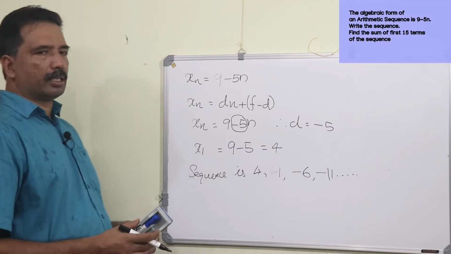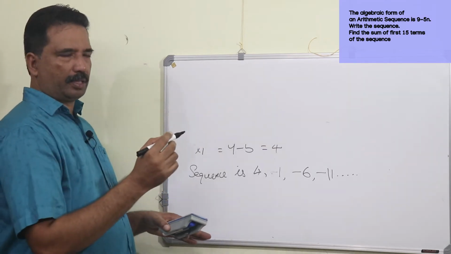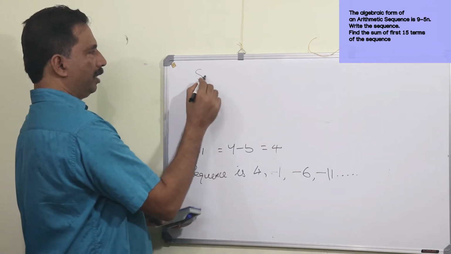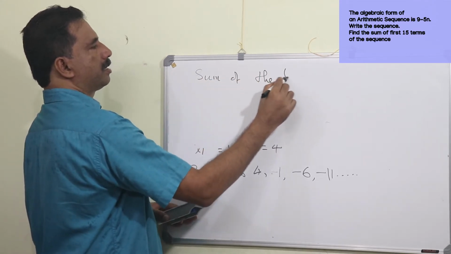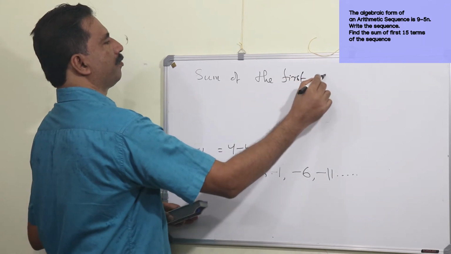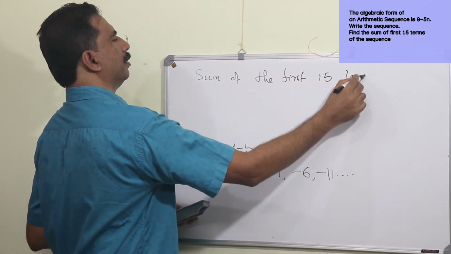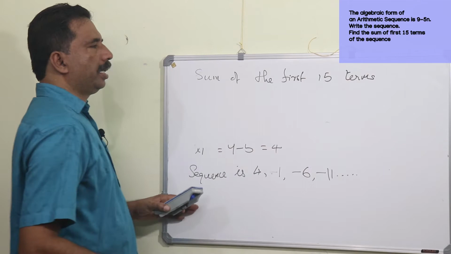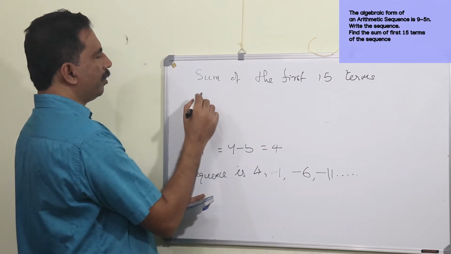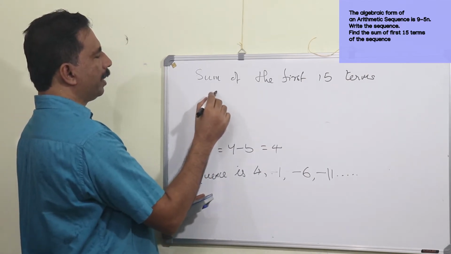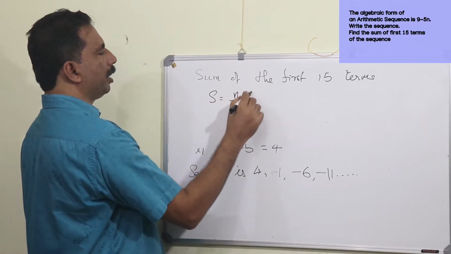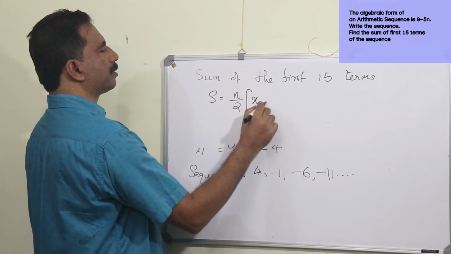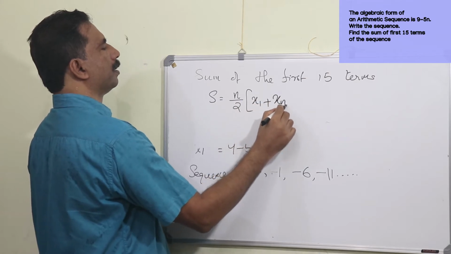There is a sub-question: write the sum of the first 15 terms. Here, we can find the sum by the formula n by 2 into first term plus last term.